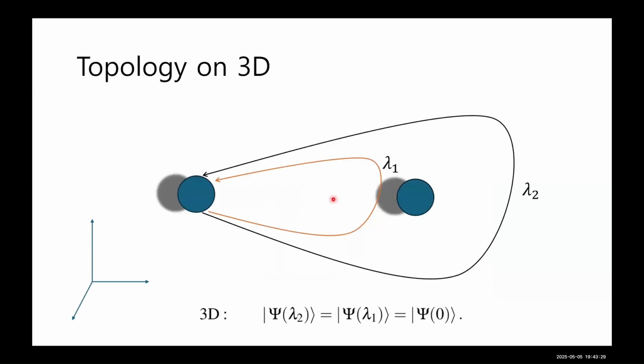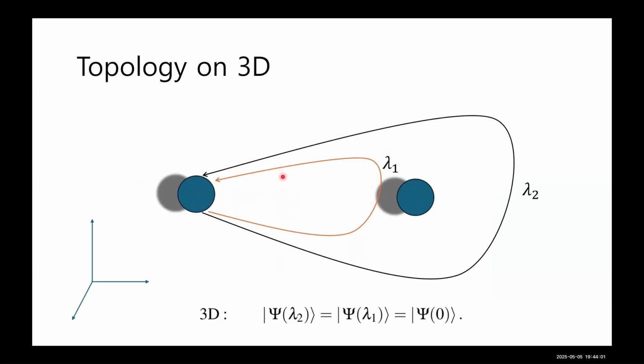So let's see. Let's imagine we have two particles. If we are trying to move one particle along the lambda 1 path and the lambda 2 path, can we make the lambda 2 path topologically the same shape as the lambda 1 path? The answer is yes. We can move this path upward and fasten it, and moving it downward, the path is going to be lambda 1.